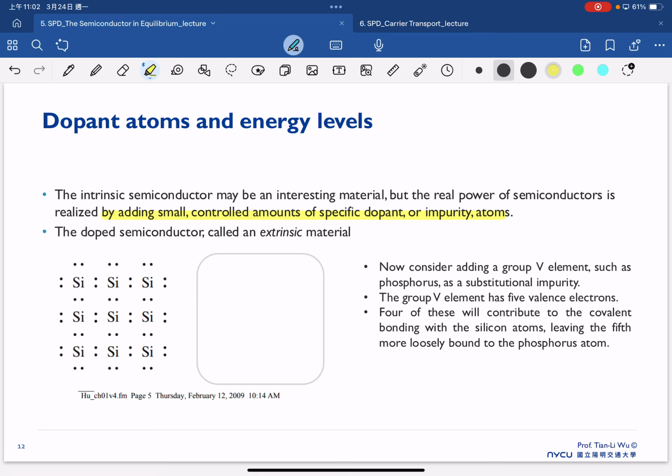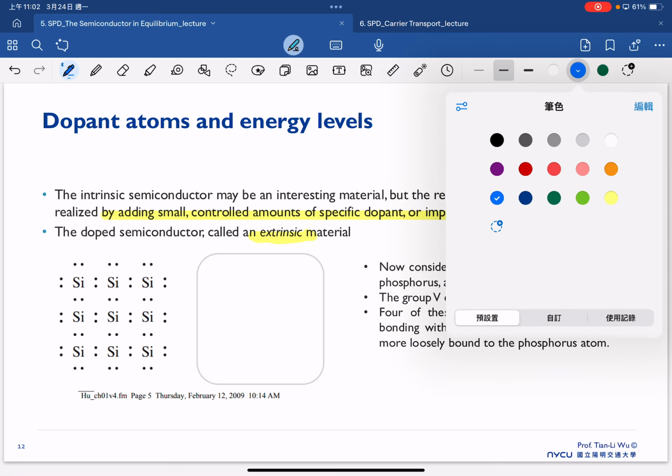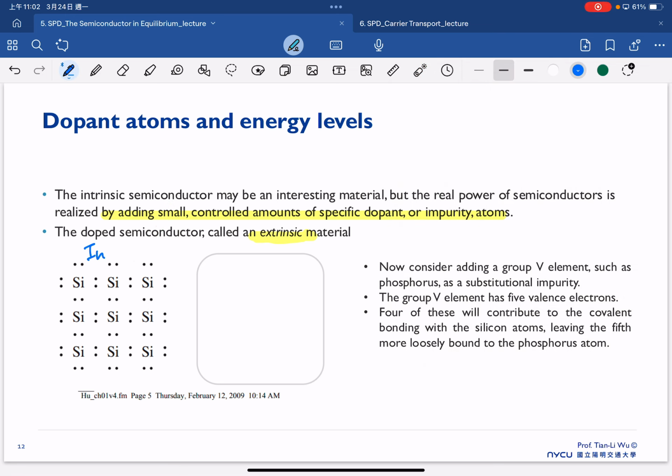The doped semiconductor is what we call an extrinsic material. If you look at the crystal lattice arrangement here, this is an intrinsic material, considered as only silicon. But in the extrinsic case, we have silicon with a dopant here.